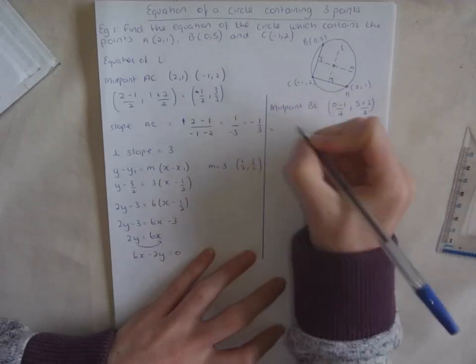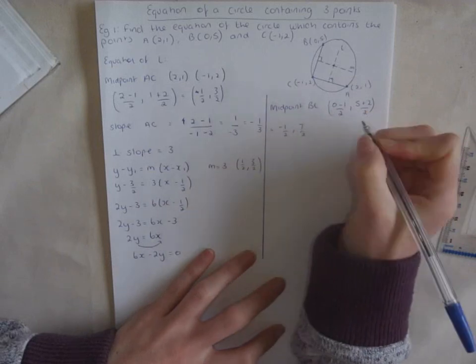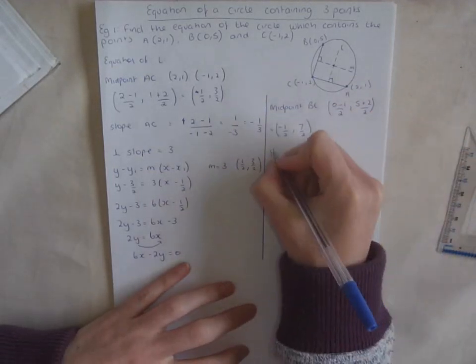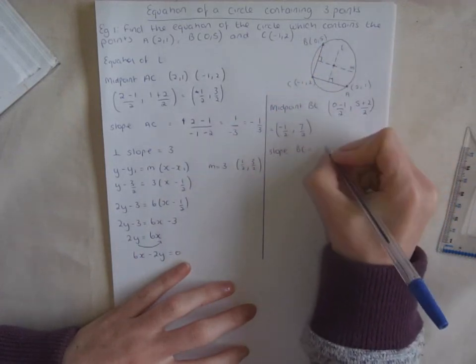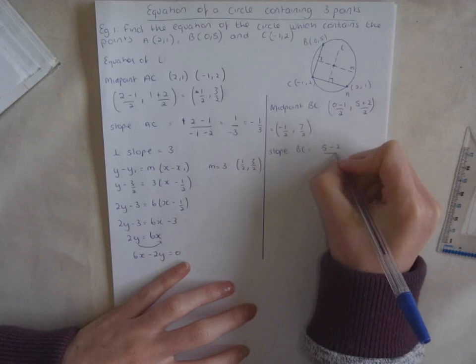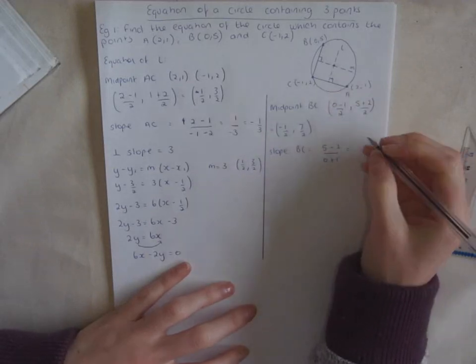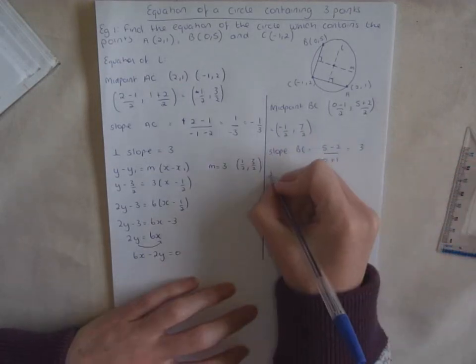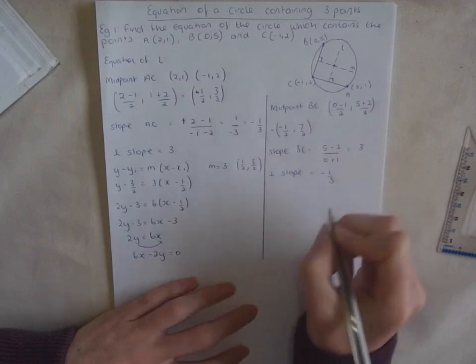So the midpoint is minus a half and 7 over 2. Okay, I also need the slope of BC. So that's y2 minus y1 over x2 minus x1. So that is 3 over 1, which is just 3. So then the perpendicular slope is, turn that upside down and change sign, minus a third.